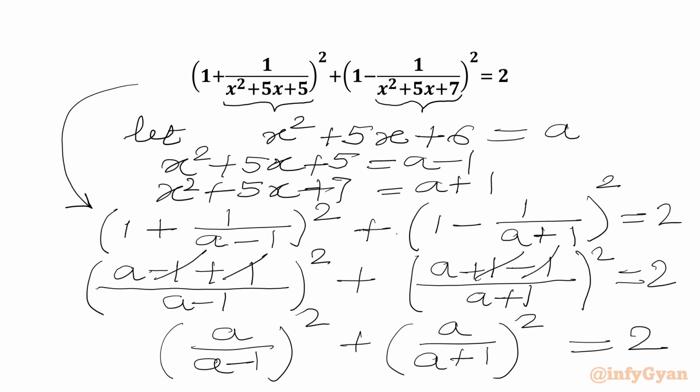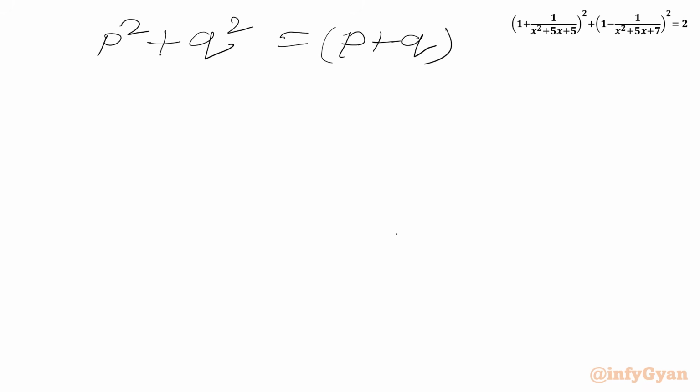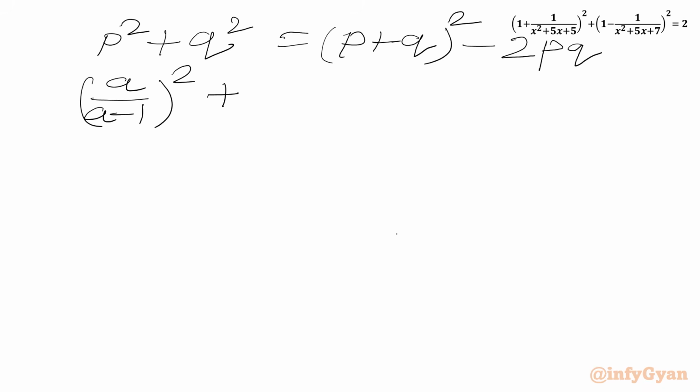Now we'll be using one algebraic formula: p square plus q square will be equal to p plus q whole square minus 2 times pq. Let me write our equation here, a over a minus 1 whole square plus a over a plus 1 whole square equal to 2.